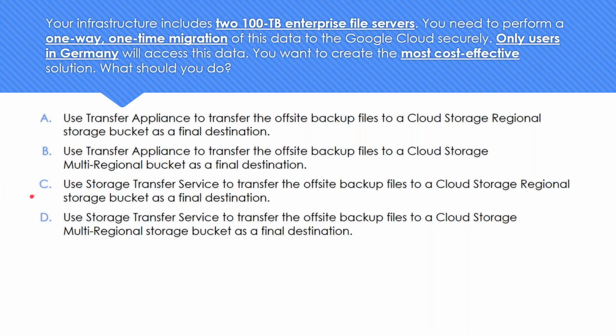C and D, I'm not even going to look into, because they say transfer service. You might think, how about the transfer service for on-prem? You can think of that also as an option.